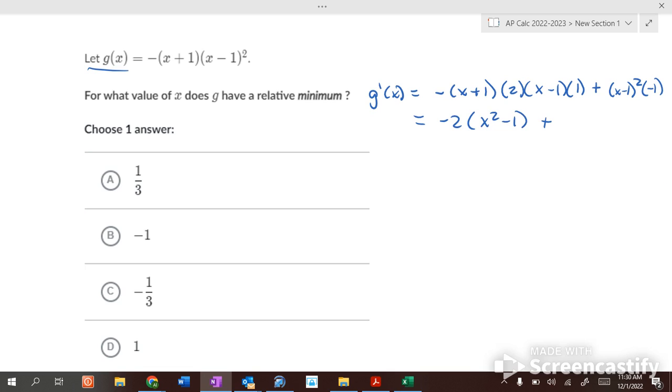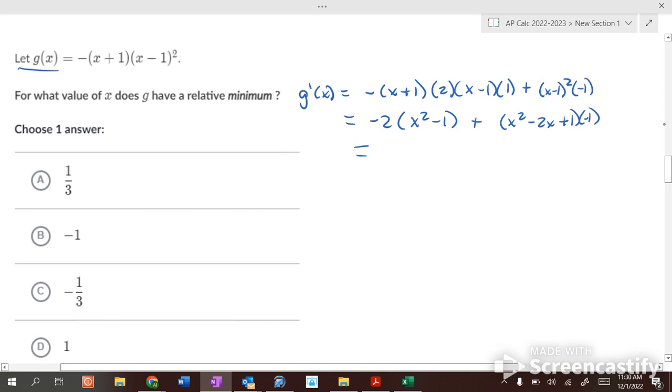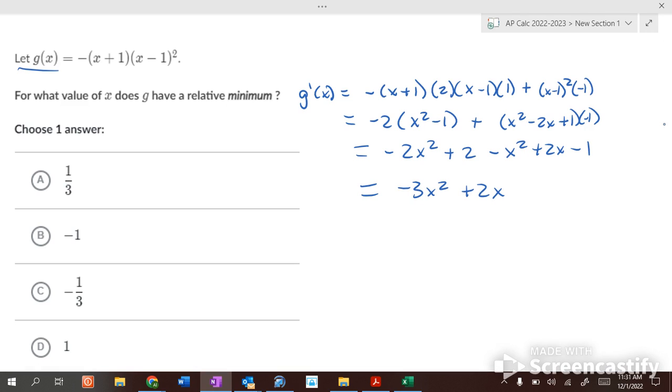X squared minus 1 plus, and then x minus 1 squared is x squared minus 2x plus 1 times the -1, right? And if we do the math, we get -2x squared plus 2 minus x squared plus 2x minus 1 if we distribute the numbers through there and add. So we get -3x squared plus 2x plus 1.